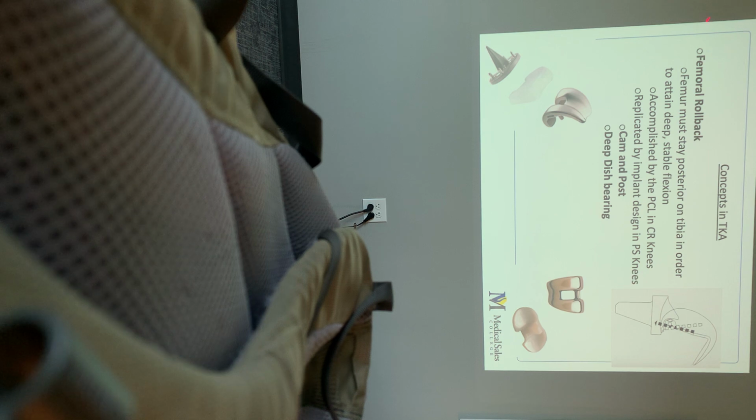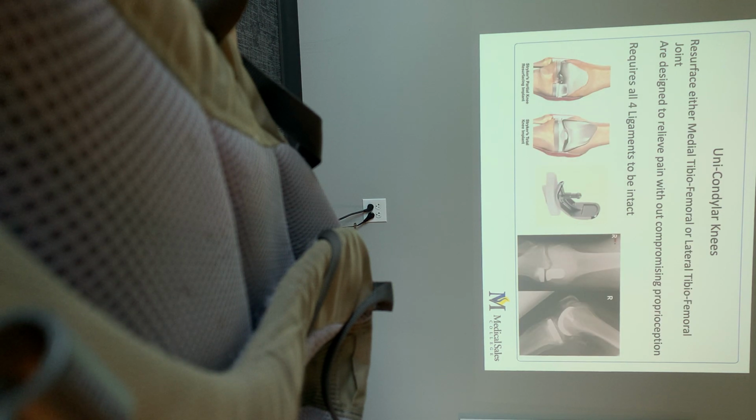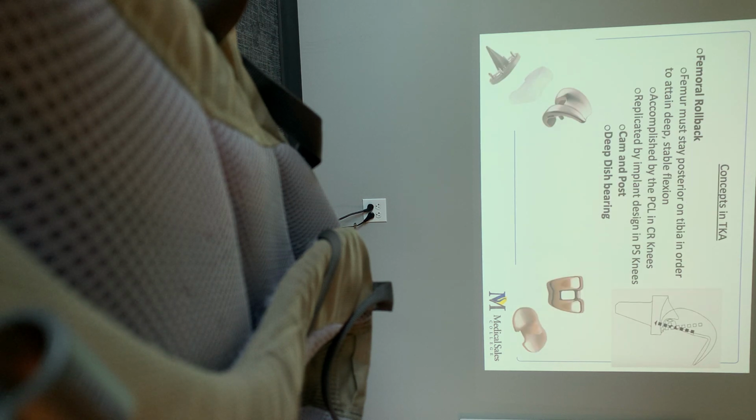And so we talked about femoral rollback, right? We can't get flexion unless the femur rolls back in some fashion. And with the posterior stabilized insert, they use the cam and post. Others might use the deep dish to force it back. And with the cruciate retaining, of course, we know what pulls it back.